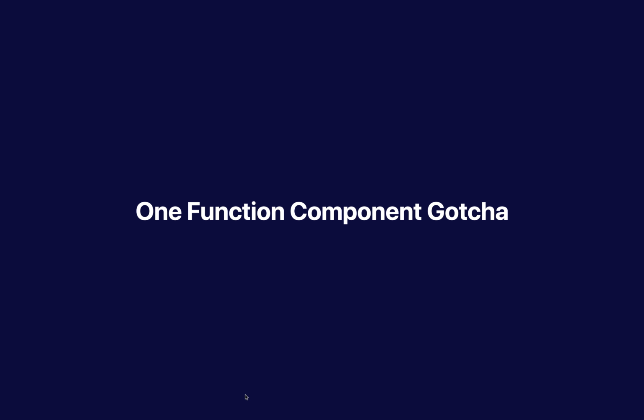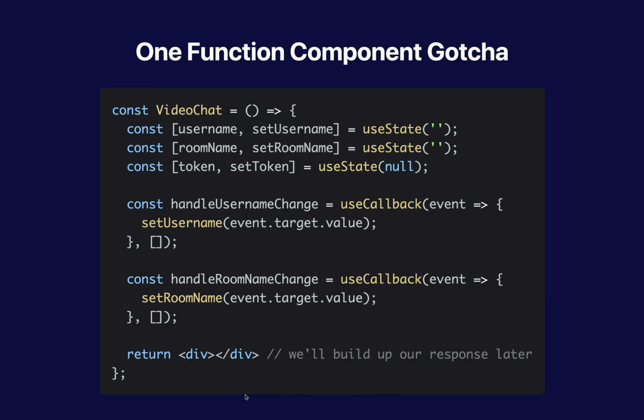There is one function component gotcha that you need to be aware of, and I've sort of alluded to this a little bit in the past, and that is that every time a function component gets re-rendered, it's a new copy of that component, including all the functions that are declared inside of it, your event handlers and so on. And sometimes that's not particularly desirable. Generally it's okay, but not always.